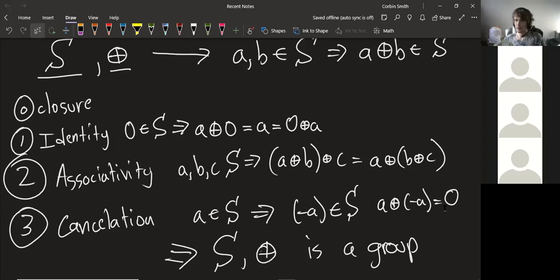Great. We're going to see how groups appear in a bunch of different settings. So can I scroll down?